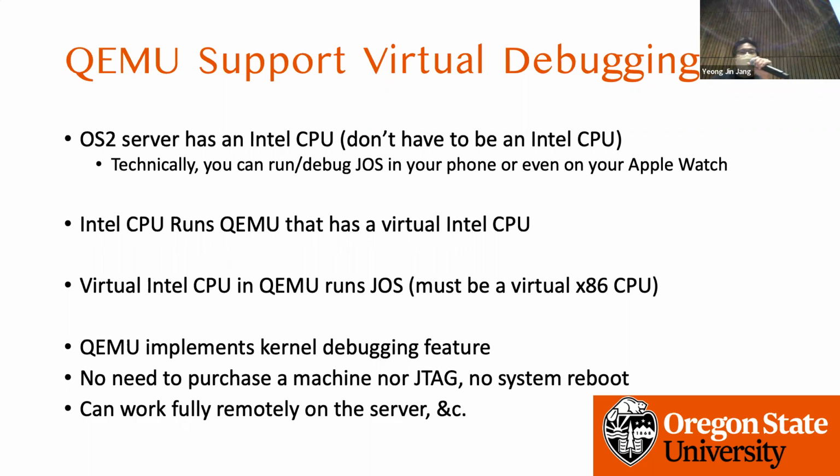On top of it, because it has a virtual CPU, QEMU implements a debugging feature on top of the virtual CPU. That means it opens a network socket, and that's why sometimes when you run multiple instances of QEMU you get "bind address already in use."